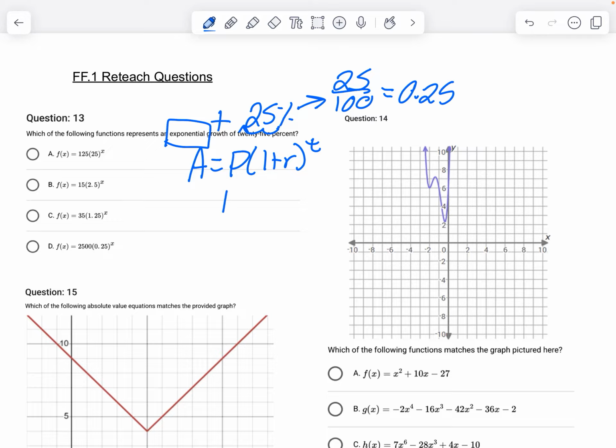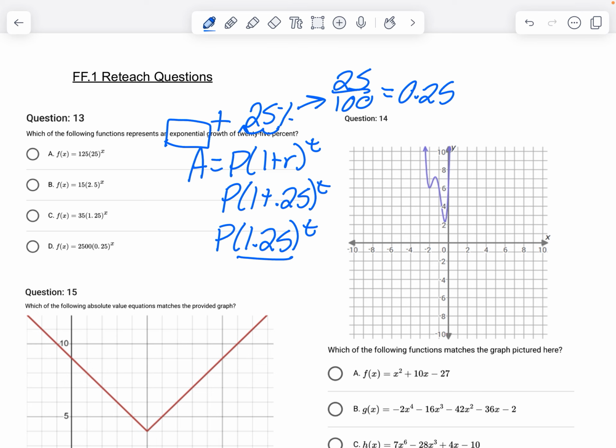So if we plug everything else the same, 1 plus 0.25 should give us 1.25. So all we're looking for is any equation that has the 1.25 in there, because that is showing us we are having a gain of 100% and an extra 25% onto it.